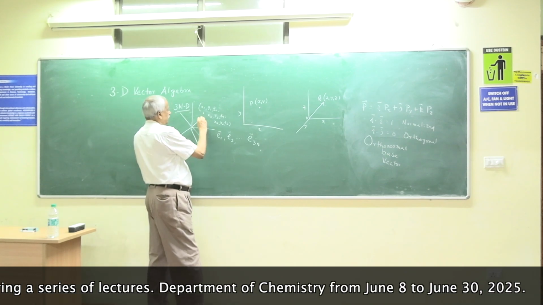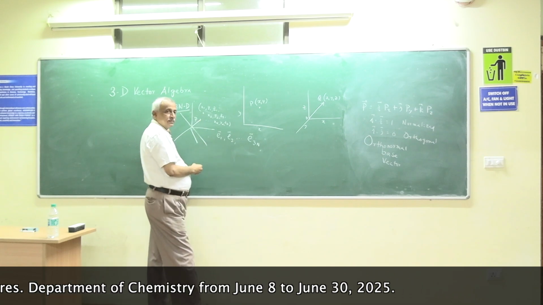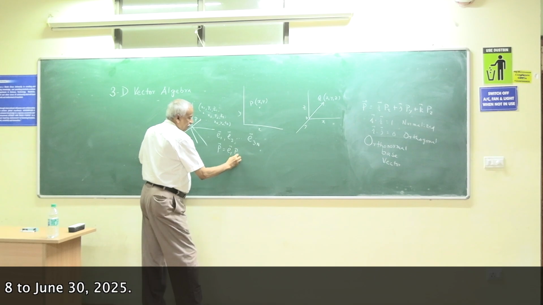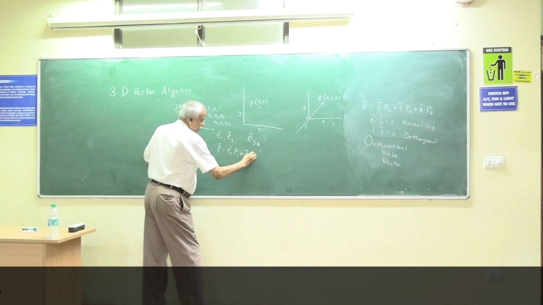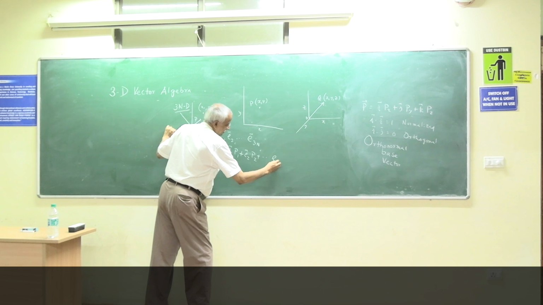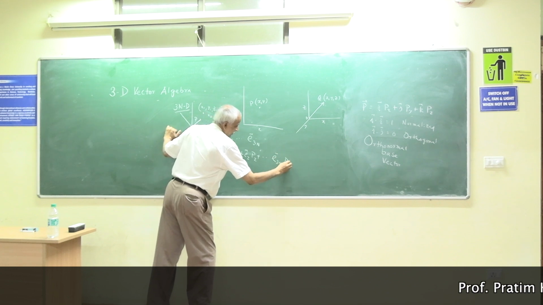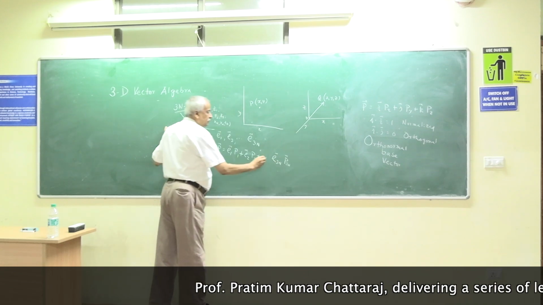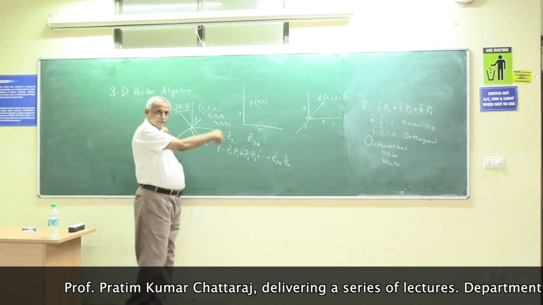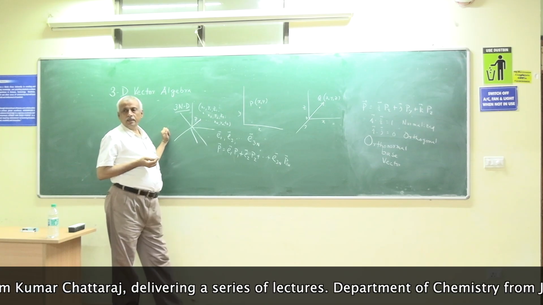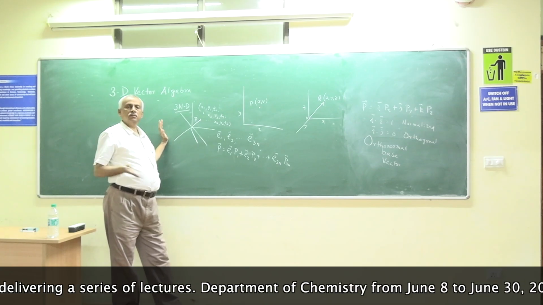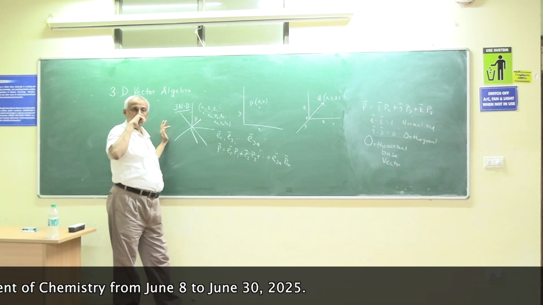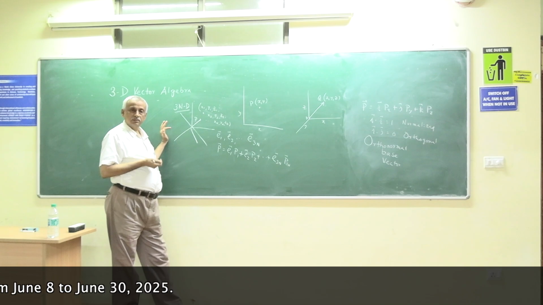If I have any vector P in that space, I can write P as E1 P1 plus E2 P2 plus up to E3n P3n, exactly the same way. Any three-dimensional vector can be written as a linear combination of these base vectors. There are 3n such numbers.